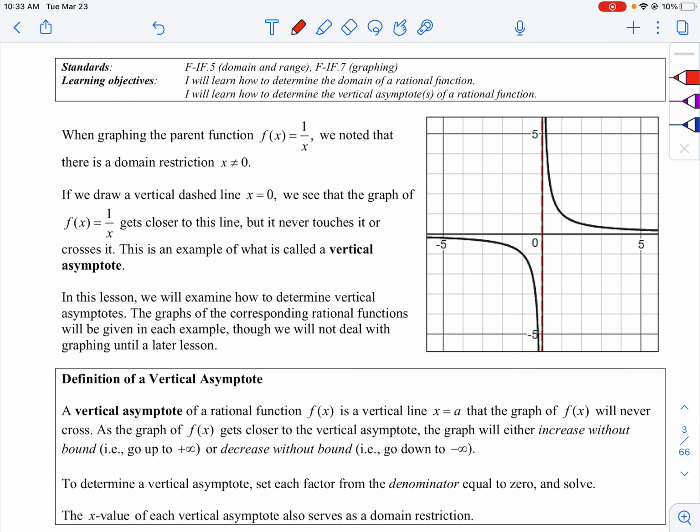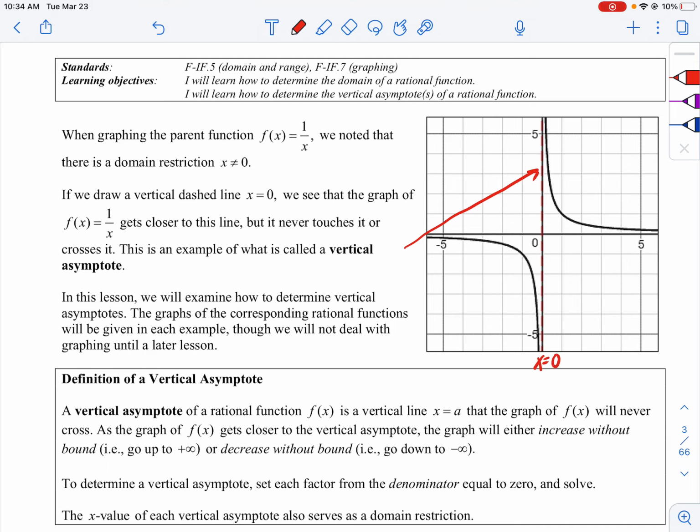All right, in this slide, we will learn how to determine the domain of a rational function. We will also learn how to determine the vertical asymptote or asymptotes, because sometimes you have two, of a rational function. So, if you look at the graph that's given here, there is a red line in between, where x is equal to 0, right?